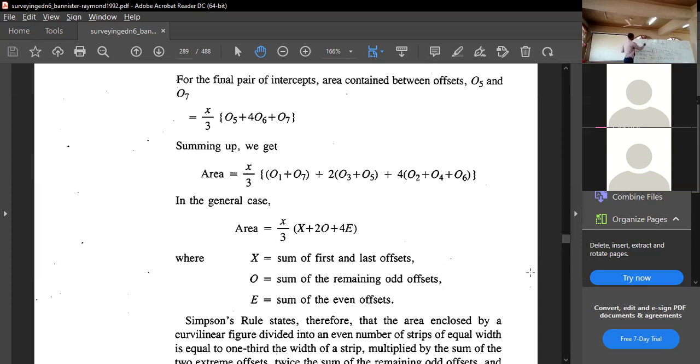Okay, so you simply look: if you have O5, you add O3, so O is equal to O3 plus O5. And then E is equal to O2 plus O4. Second offset plus the fourth offset gives you E in this formula. X is the interval. So it's similar to this one. These are the formulas written in a different way.